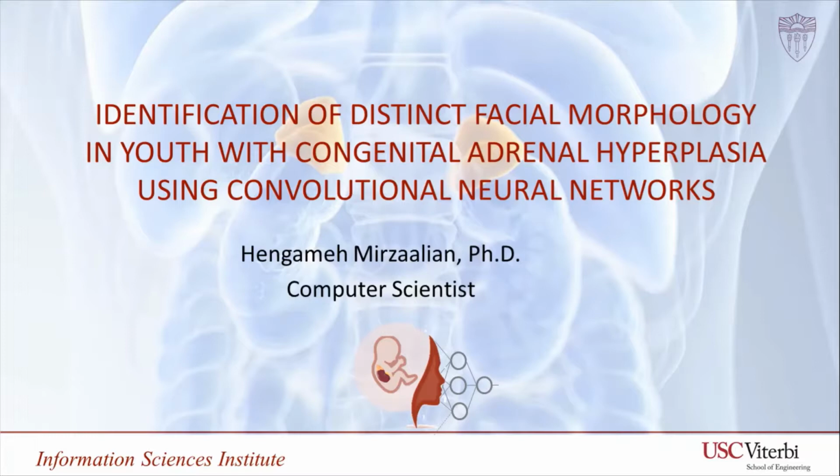Yeah, excellent question. Actually, our collaborator, who is an expert in this field, has lots of patients with this problem. After checking so many patients, she trained herself, and she noticed that she can tell, without checking their blood test information, which one is affected with CAH and which one is not.